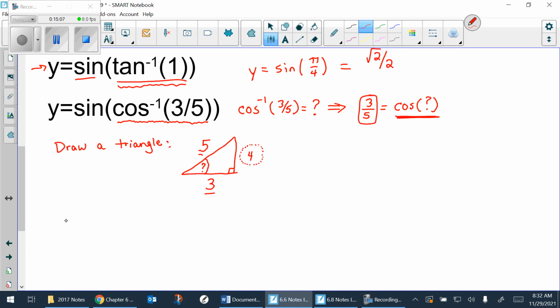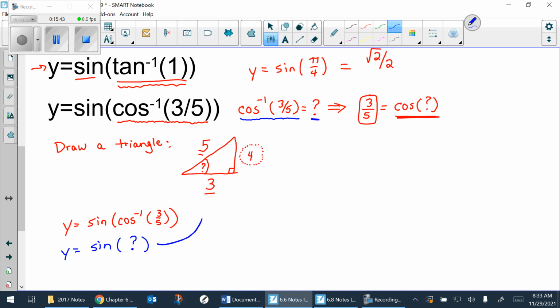So when the question says y equals sine of cosine inverse 3/5, and we have said that cosine inverse of 3/5 is some unknown angle, we want the sine of that unknown angle.